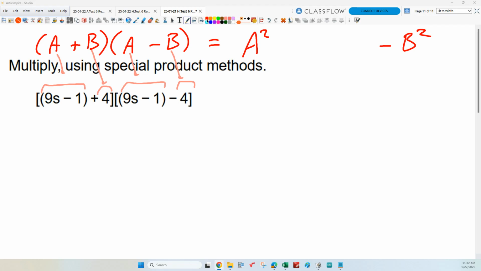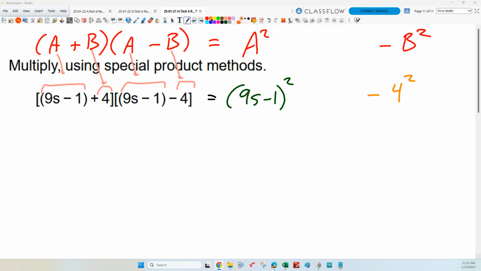Okay, and you told me that A was the whole quantity, 9s minus 1. Minus b squared is just 4 squared, right? Okay.